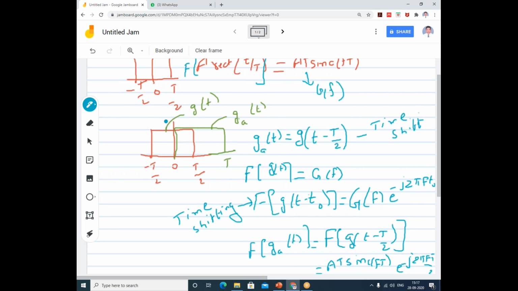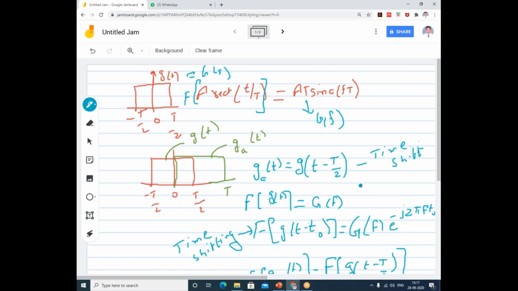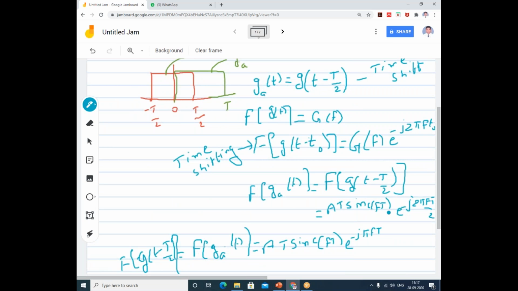For the given problem, GA of t is g of t minus T by 2. We know the Fourier transform of g of t is A T sinc f T, so I can write g of f as A T sinc f T.